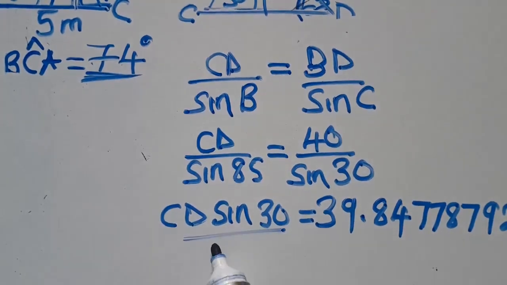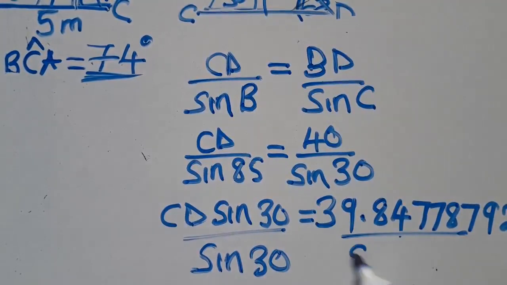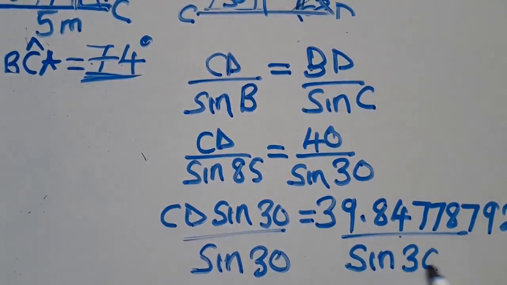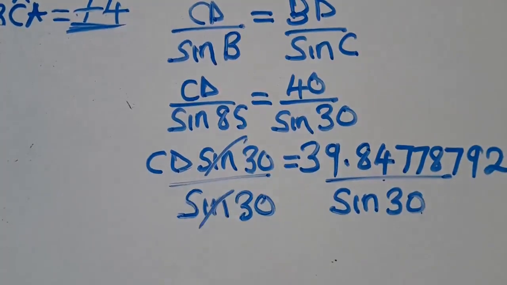You divide both sides by sine 30. This is what you need to do. So this cancels, and you remain with CD equal to the same answer divided by sine 30.